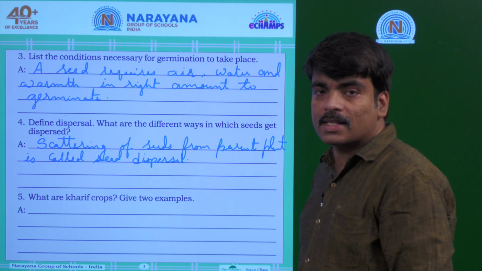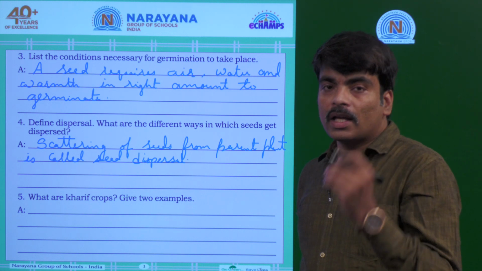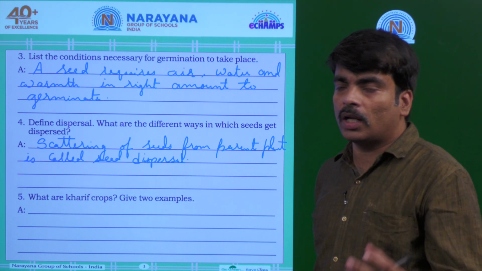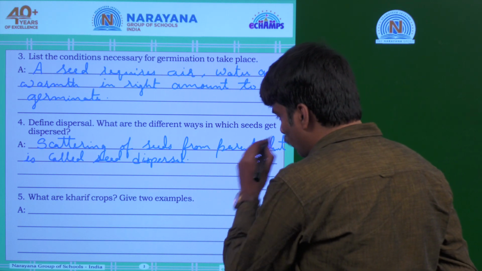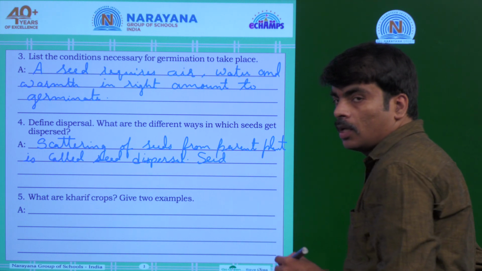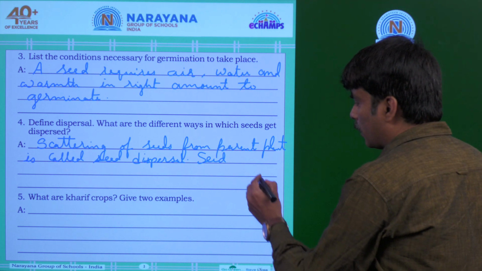How do they get scattered? There are some agents that carry these seeds from one place to another. We call them dispersal agents.